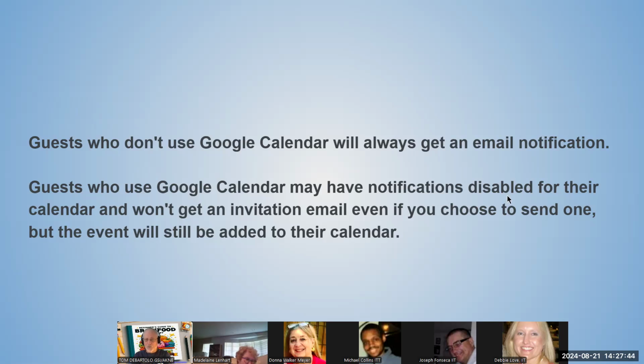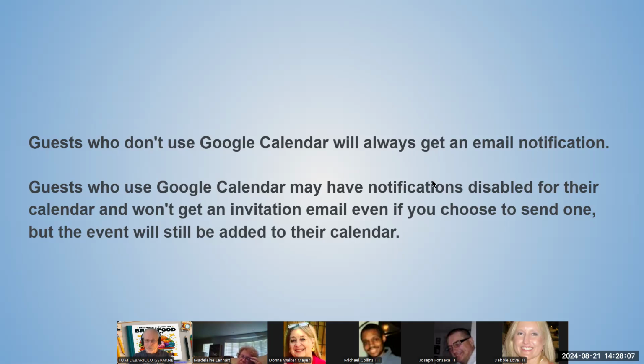Maybe they didn't know it was disabled, being new to Google Calendar, but it was accidentally disabled for their calendar. They won't get an invitation email from you when you click send, even if you choose to send one, but the event will still be added to their calendar.